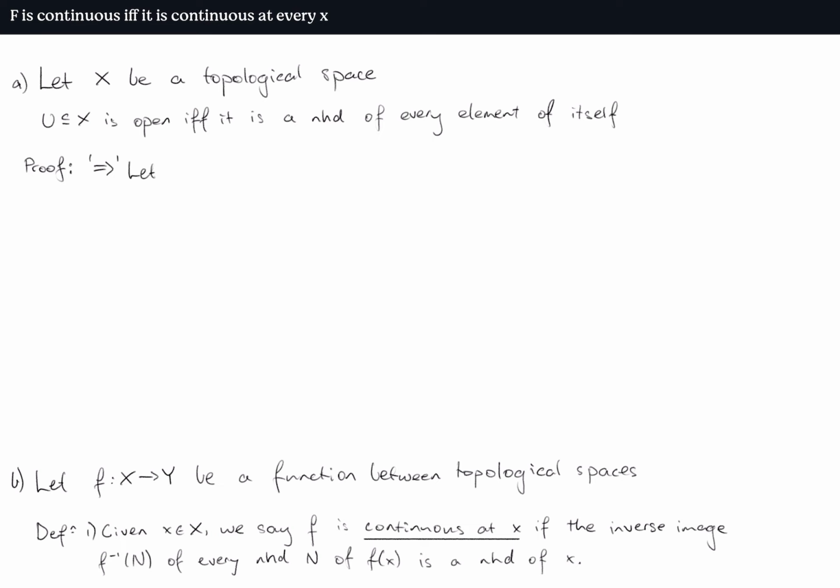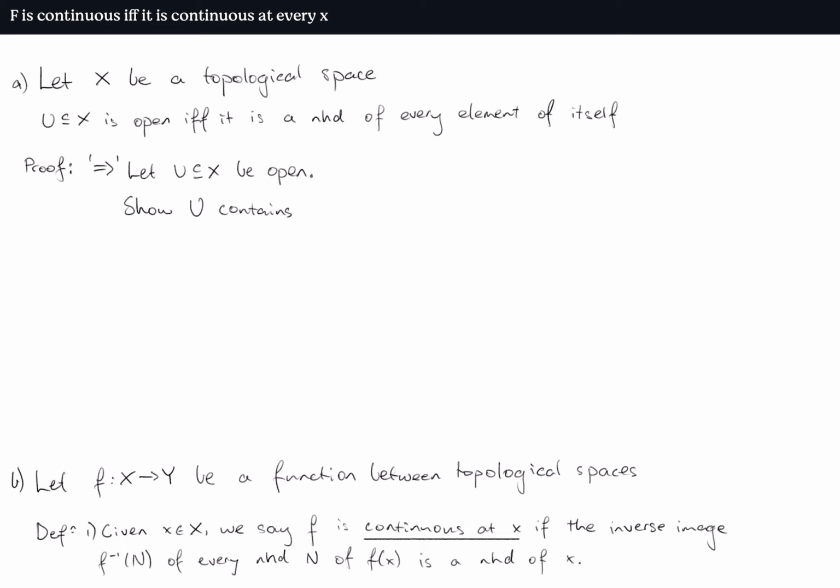So let U in X be open. What we want to show is that this set U is a neighborhood of every element of itself. So we want to show that U contains, if it's a neighborhood of every element of itself, an open set, we can call it some other letter, with all those elements of U living inside it as well.